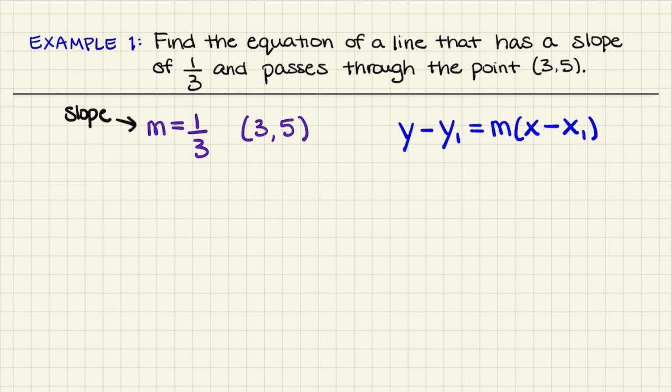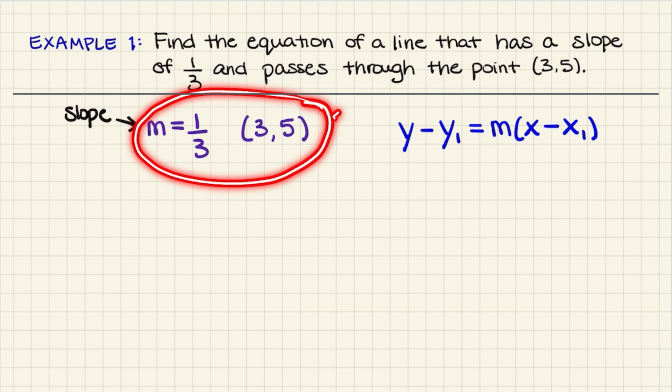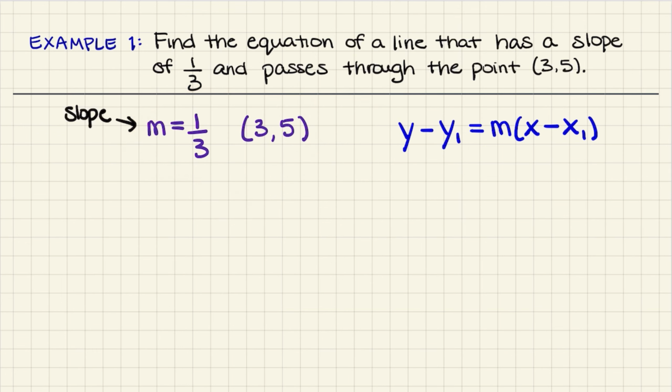So now we just plug this information into our equation right here. First, it's a good idea to label our point x1 and y1. Label those coordinates so we know exactly what to plug in where.